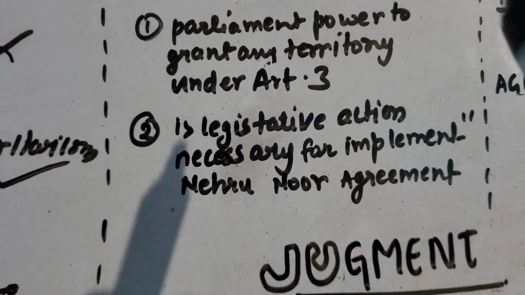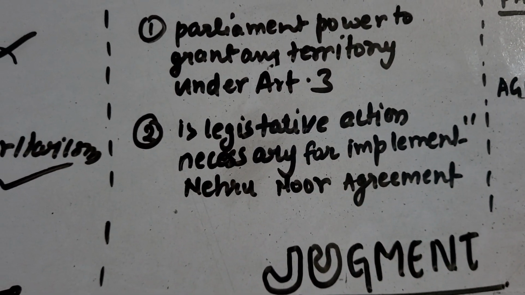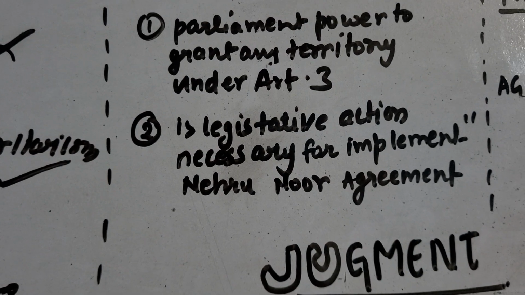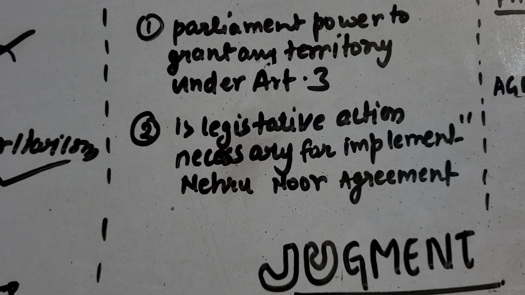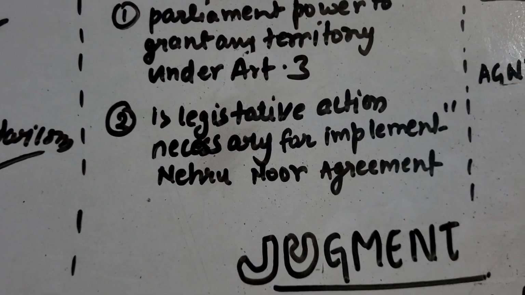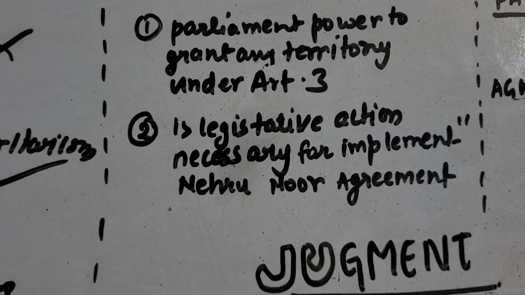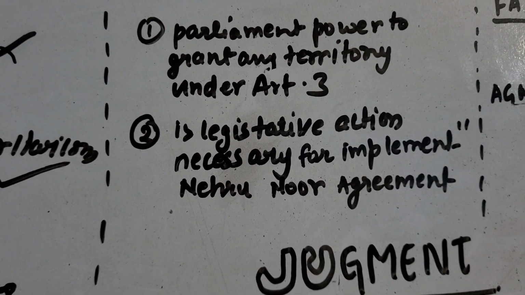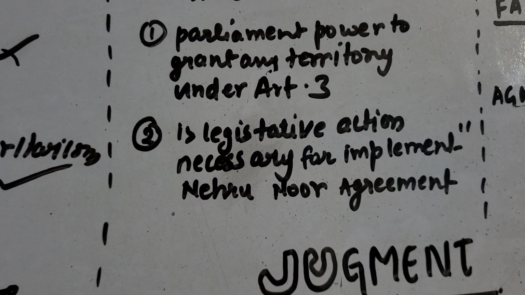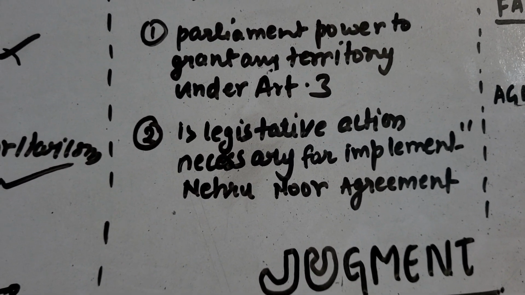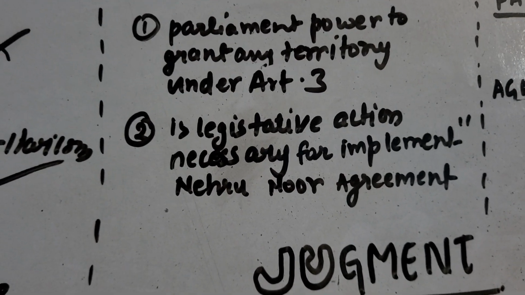So the first issue is basically asking whether Article 3 has the power under which the Parliament can give a property or a territory to any other country or not, because Article 3 of the Constitution has the power to acquire a property or a place or a territory, but does it have the same power to give our land to some other country or not?